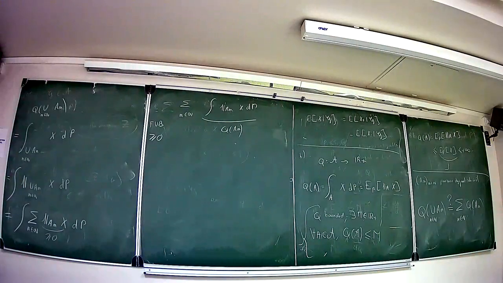In measure theory, we call it a measure, and it is bounded because Q is less than a constant. We are not very far from a probability because, when it is bounded, it is sufficient to divide by Q of omega and you obtain a probability. It doesn't change anything to the sigma additivity.